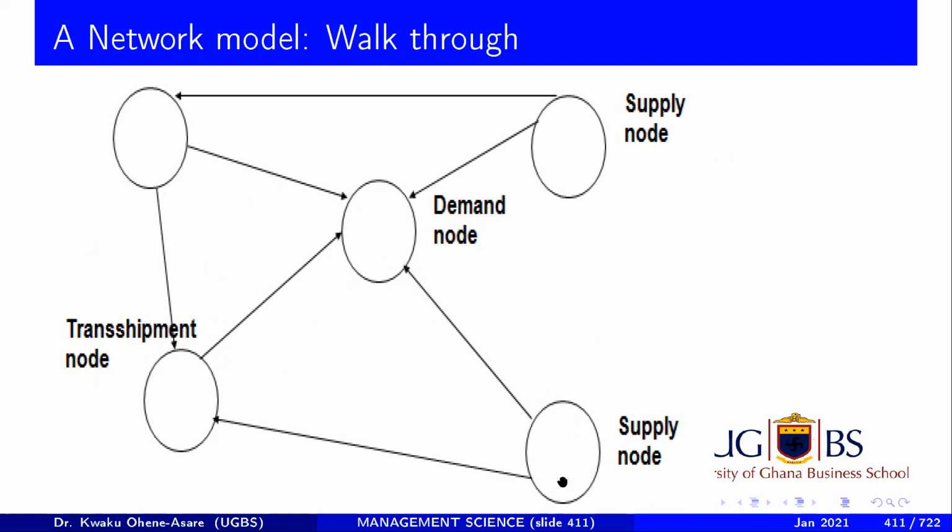But look at the supply node: there is no arrow coming into it.